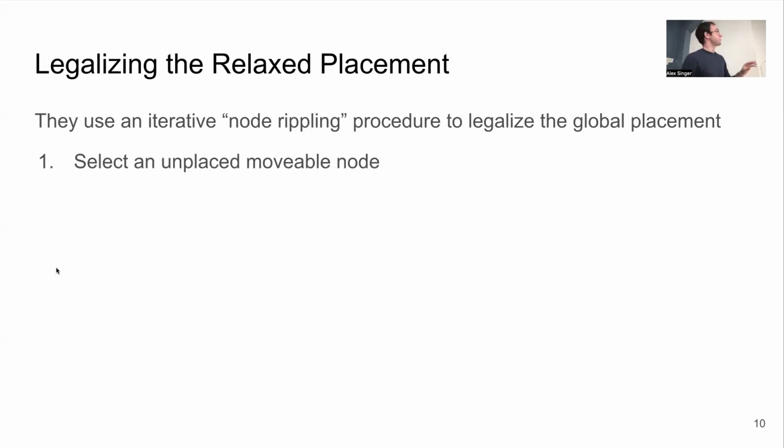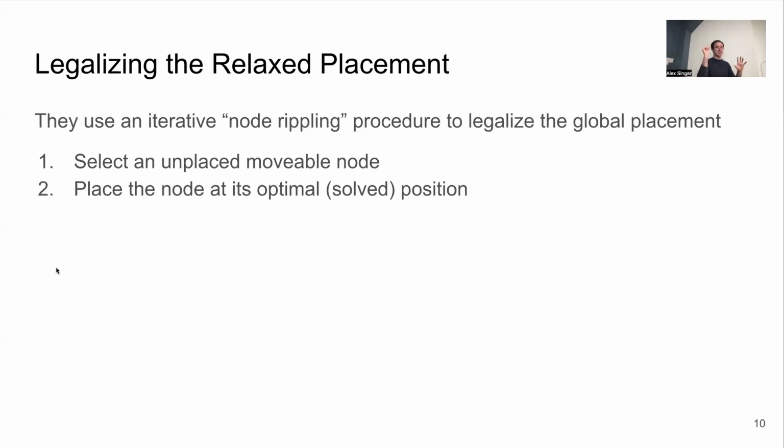We're going to select one of the unplaced movable nodes from the movable node set M. We're going to move it from its legal position currently in the placement to its optimal solved position, or at least as close as it can get.